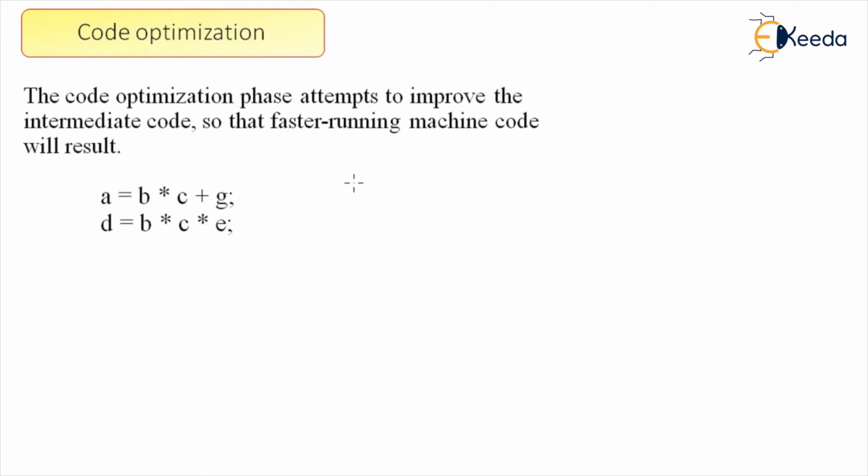But there are two categories of code optimization technique. One is machine dependent code optimization, and another one is machine independent code optimization.